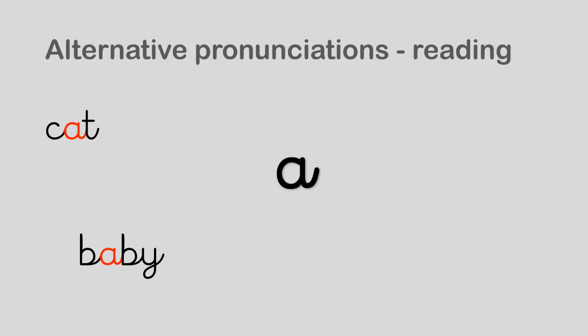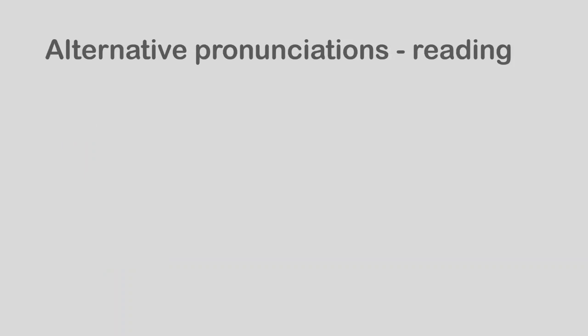Here's another example, baby. It can also be an O, like in was. So we have to know that different letters, single letters, digraphs, can represent more than one phoneme. This can make reading complex for children. Let's have a look at some examples.